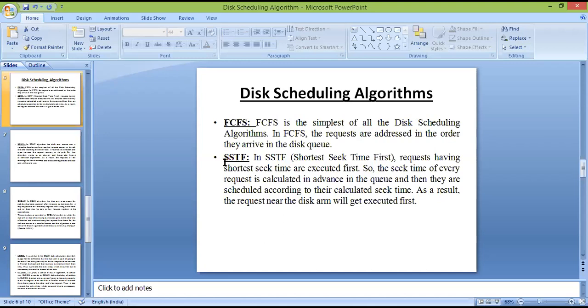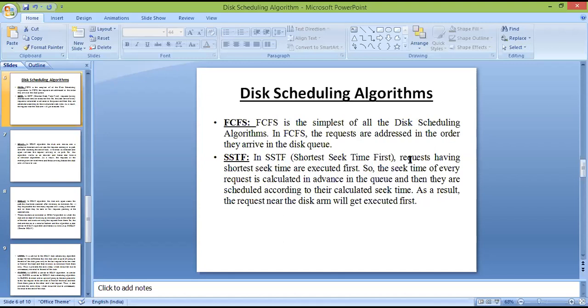The next one, SSTF. SSTF is shortest seek time first. Seek time is the total time required to identify where your data should be read and written in a particular sector. So in SSTF, the jobs in the queue having minimal seek time are served first.